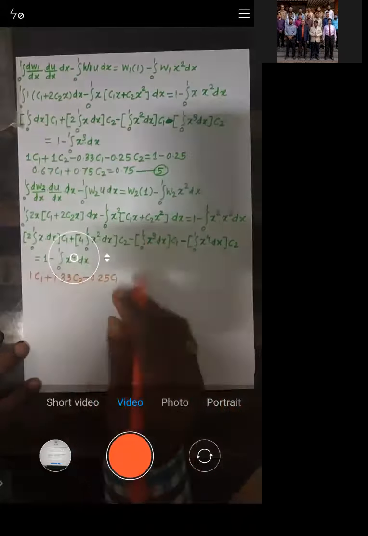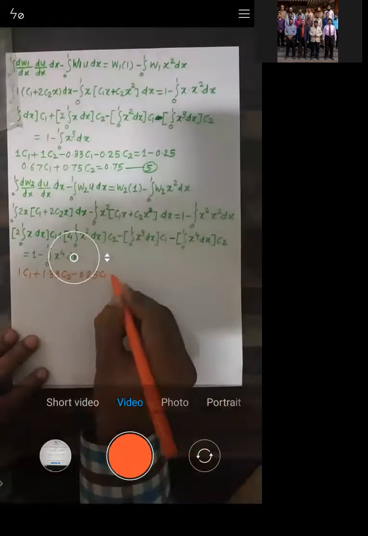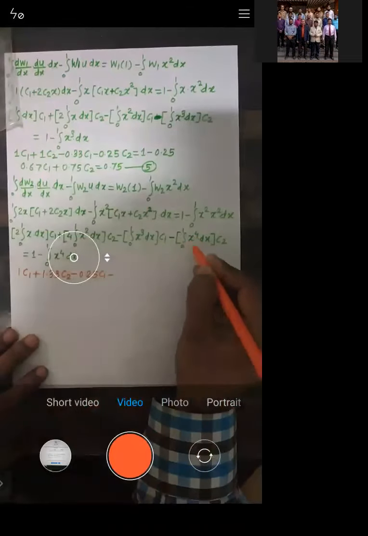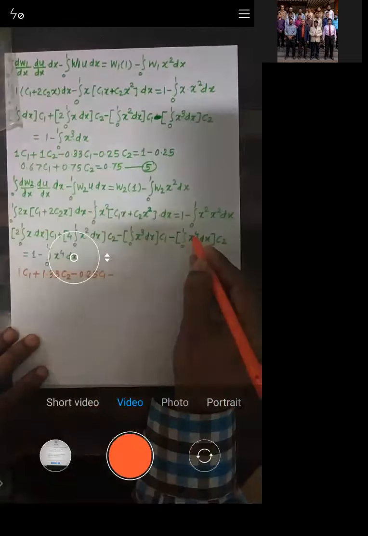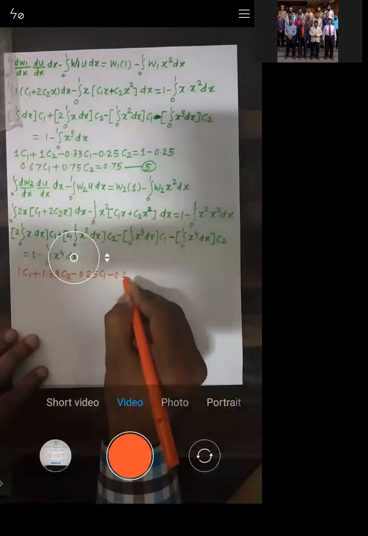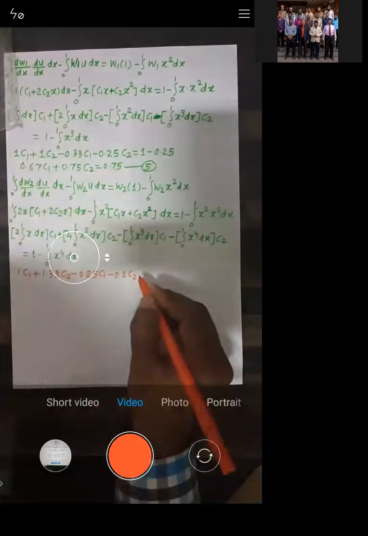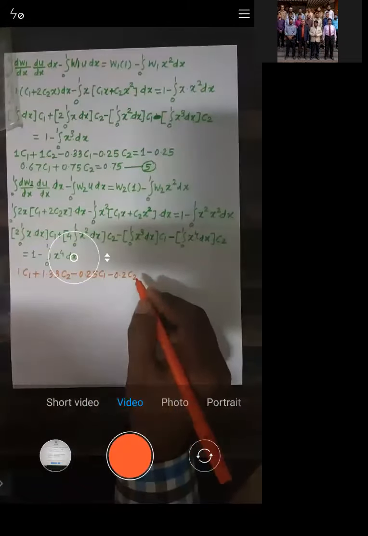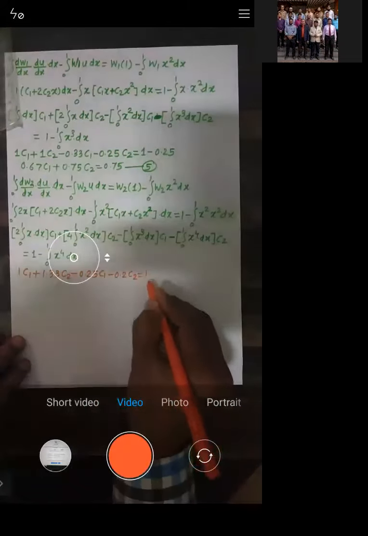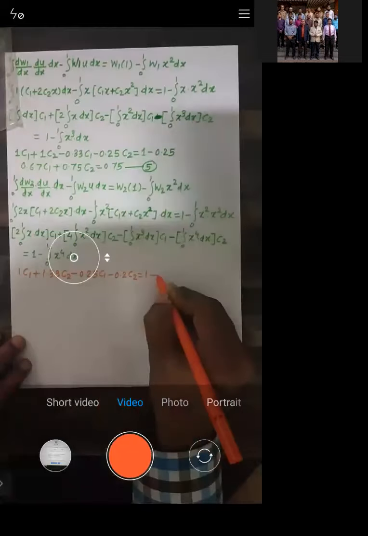See this now, simple integration is there. No need to go for a calculator. Minus, this is x raised to power 5 by 5. When you put x as 1, it is 1 by 5, that is 0.2 c2, is equal to 1 minus x raised to power 5 by 5, that is again 0.2.